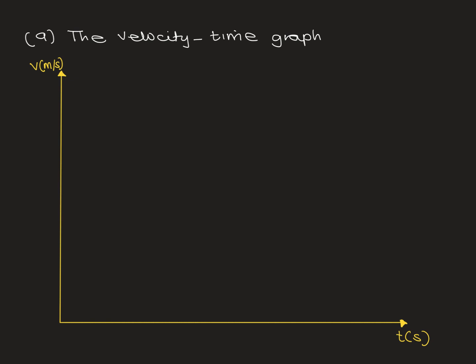The first information we are given is that the car starts moving from rest and it accelerated. When a car starts moving from rest, the motion will be from the origin 0, at this point. From this point, it accelerated uniformly. So we have a line that indicates the acceleration, and the duration for the acceleration was 40 seconds.